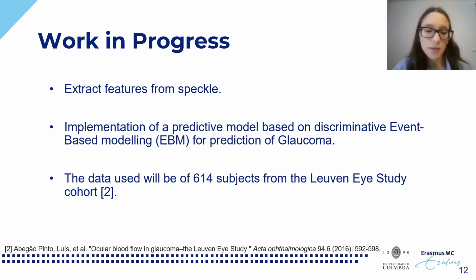My main goal, as I said before, is to develop a predictive model for glaucoma based on discriminative event-based modeling. This is a recently proposed method. The data that I will use to train this model will be of 614 subjects from the Leuven Eye Study cohort. That is a database that includes 2 different types of glaucoma patients, glaucoma suspects, and healthy controls.